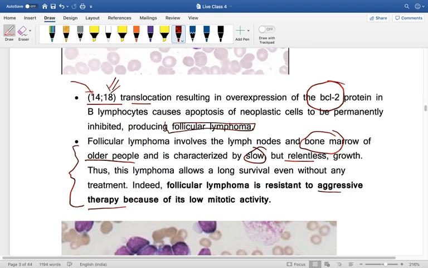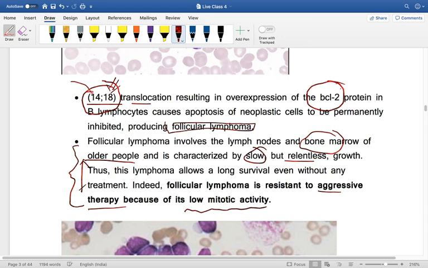Always remember the role in leukemias or lymphomas: the more aggressive the tumor, the more vulnerable it is to chemotherapy. The less aggressive tumor, you can't give chemotherapy in case of follicular lymphoma because it has a very low mitotic activity. So mainly 2 points you will remember for tomorrow's NEET PG.